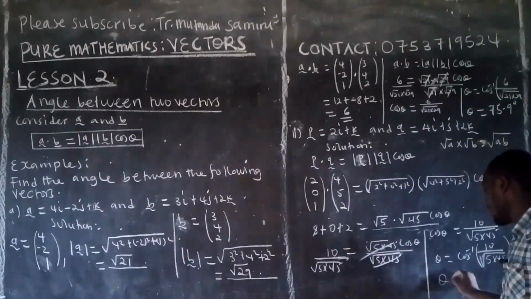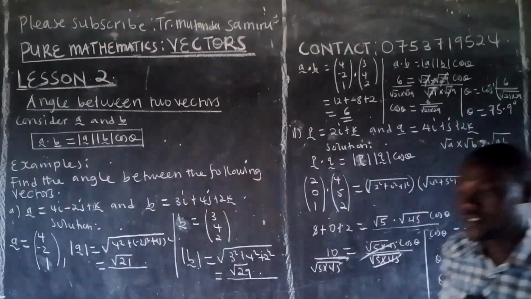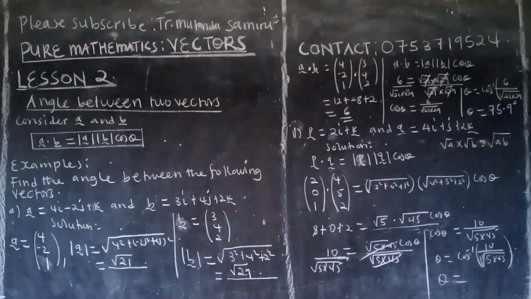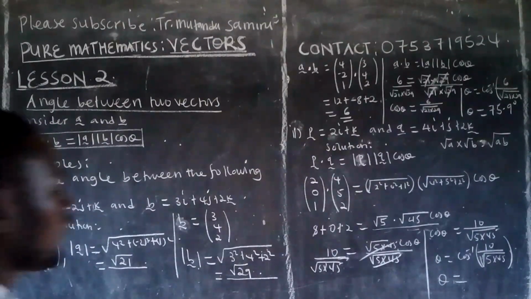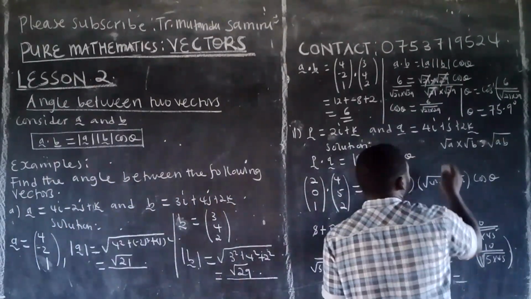And now what will be your theta to 1 decimal place? In your calculator you have cos inverse. By the way, change this to 5 so that our answer can easily come out.